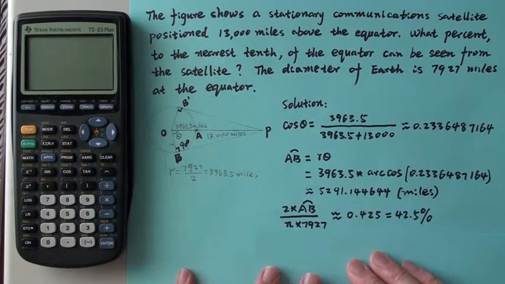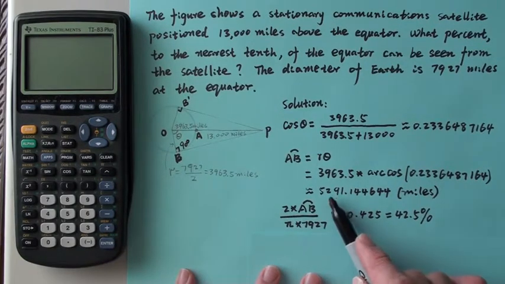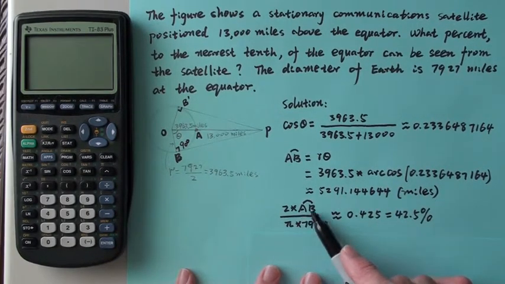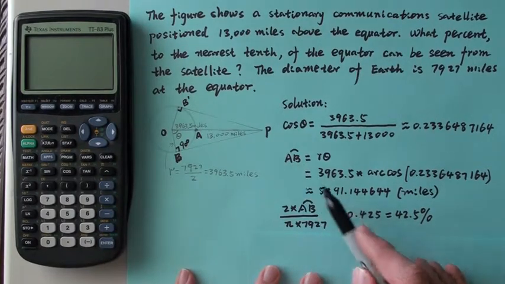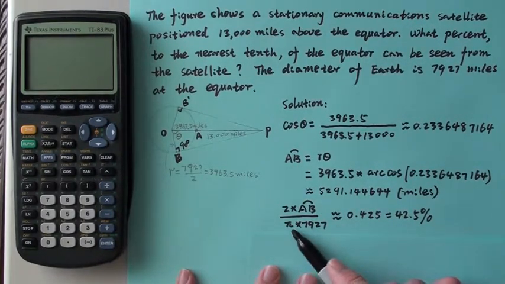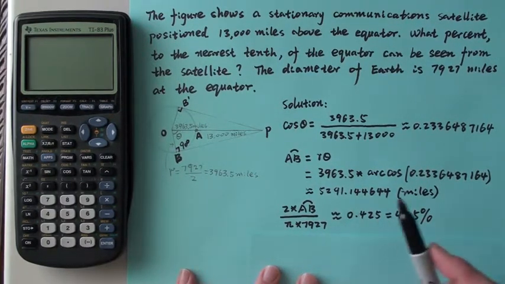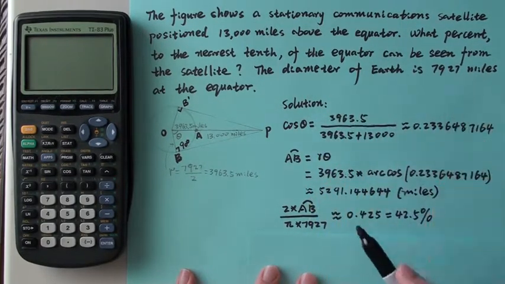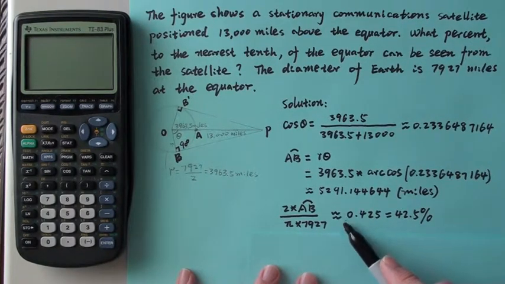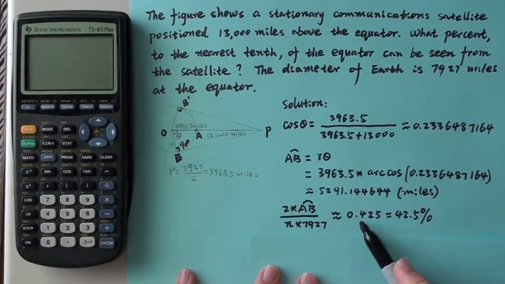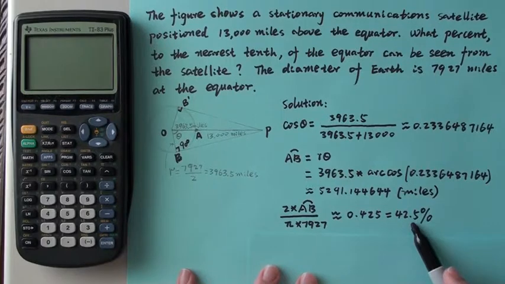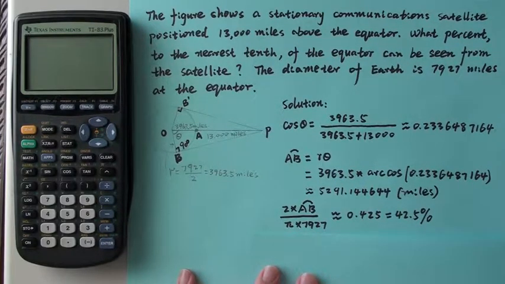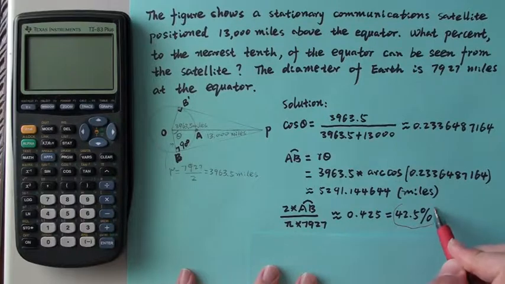So we calculate 2 times the length of arc AB, divided by pi times d. Pi we know is 3.14 something, and d is the diameter. Then we can calculate the ratio, which is approximately 0.425, which is 42.5%. So this will be the final answer.